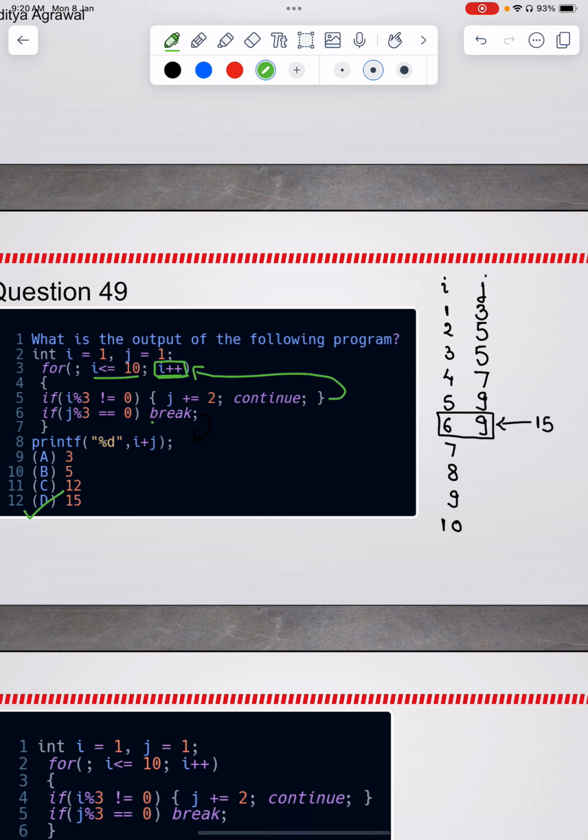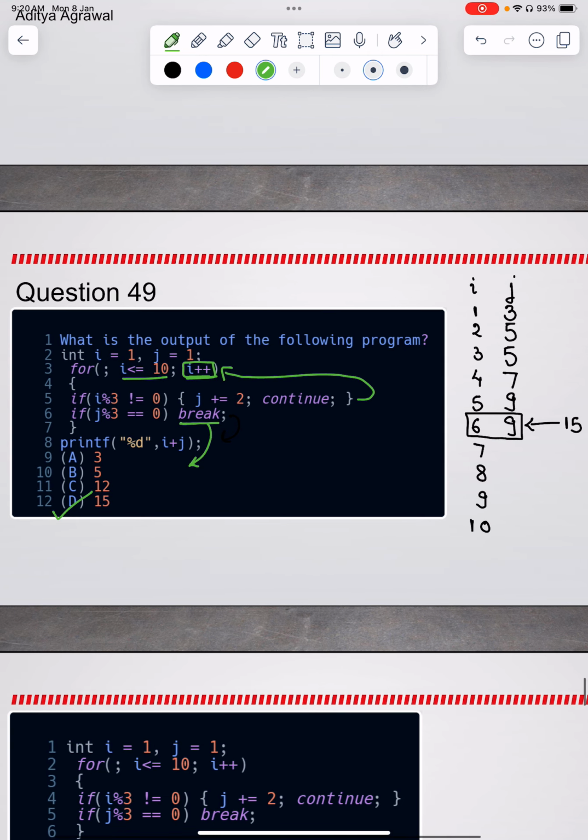Over here, when I had a break, it was an abrupt termination of the loop. So you never got to go to the increment expression. That is why the increment won't happen, and that's why you'll get the output as 15, right?